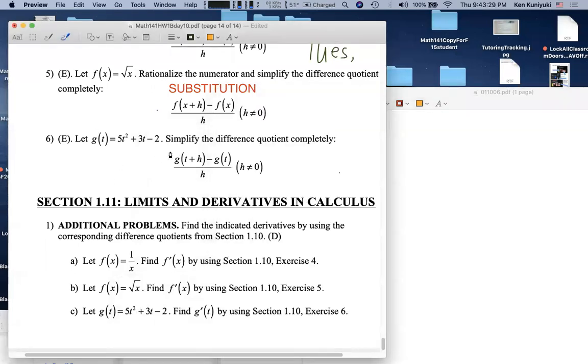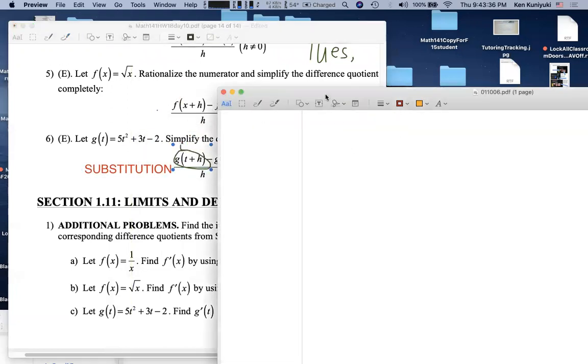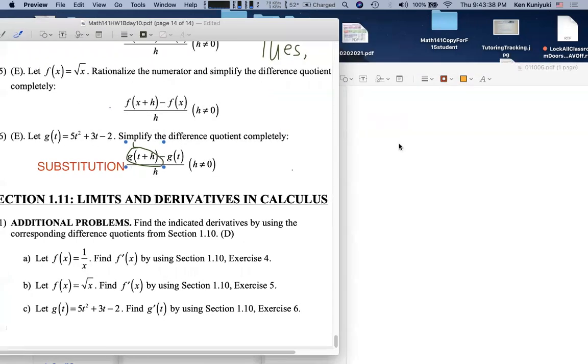Okay, so once again, G of t plus h, what S word are you thinking? You're thinking substitution. And this is similar to the problem in the notes.